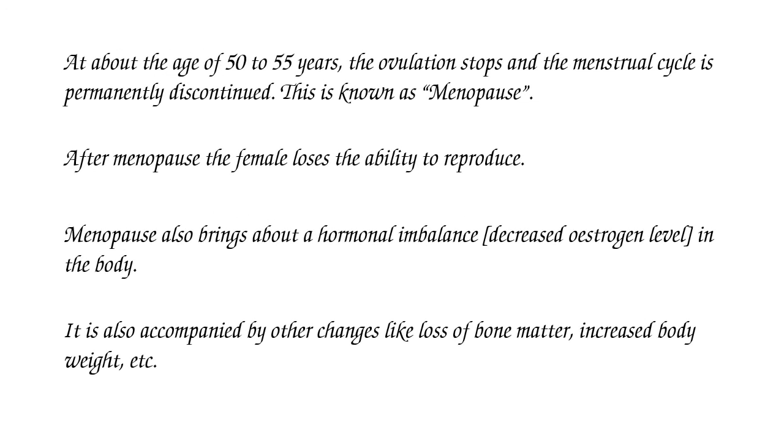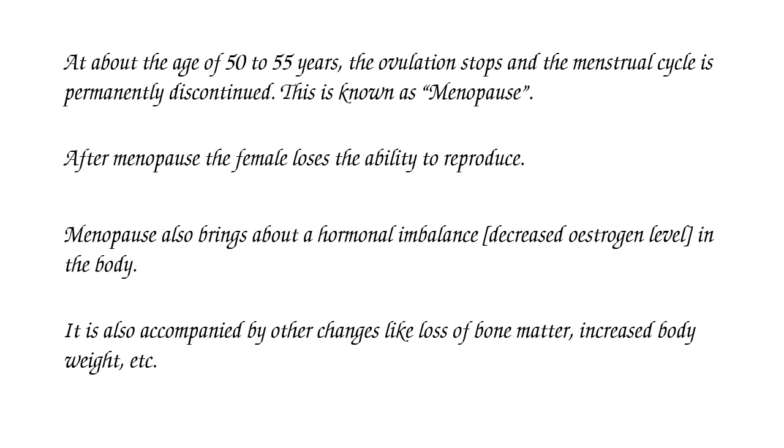Menopause. Menopause occurs at about the age of 50 to 55 years. The ovulation stops and the menstrual cycle is permanently ceased or discontinued. This is known as menopause.